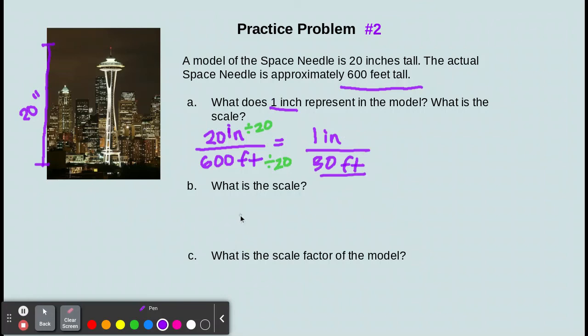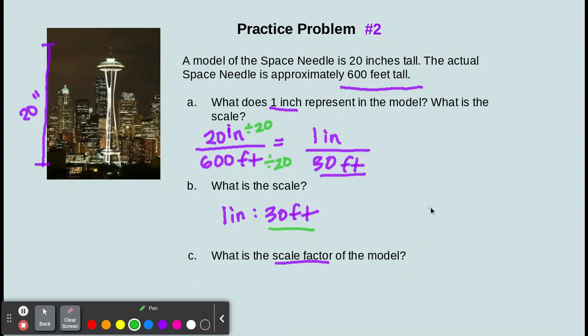Now, what is the scale? The scale is 1 inch to 30 feet. But what about the scale factor? We need to change this into inches.